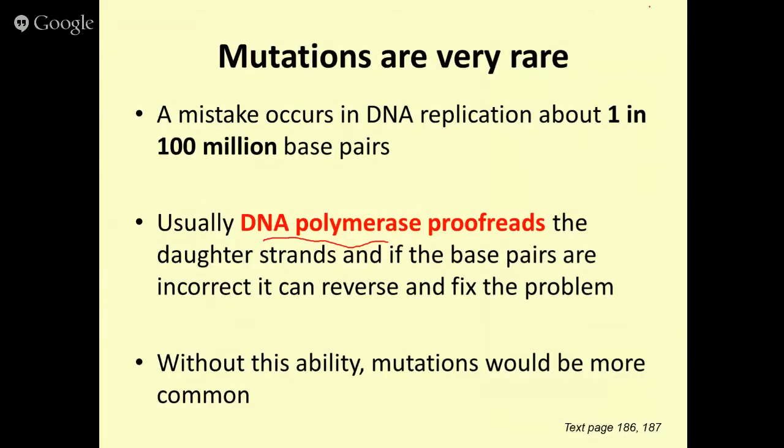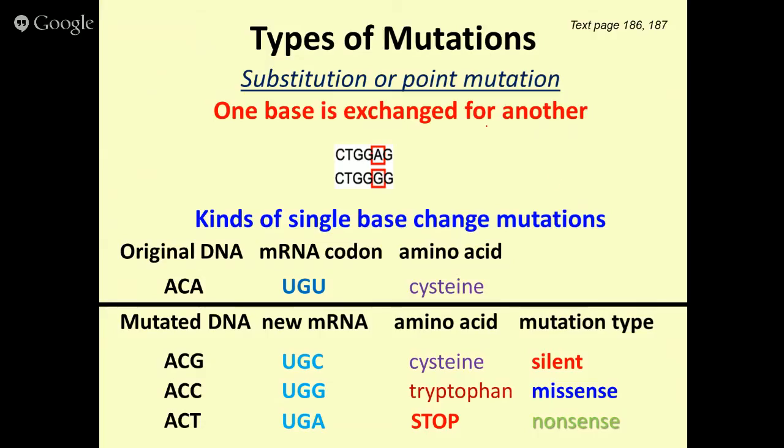This is if DNA polymerase wasn't there, how many mutations would we have? Then the frequency of mutations would be higher, right? But because DNA polymerase is constantly proofreading and double checking our new strands of DNA, the mutations are rarer than you would expect. So if the DNA polymerase wasn't so good at its job, mutations would be much more common.